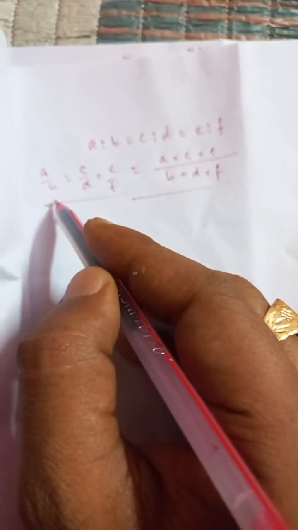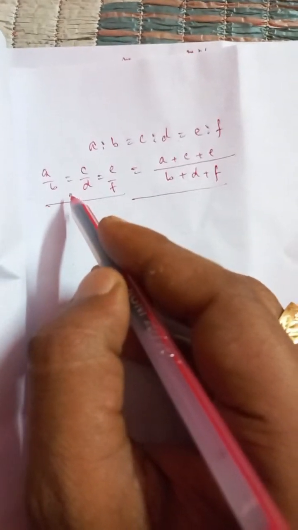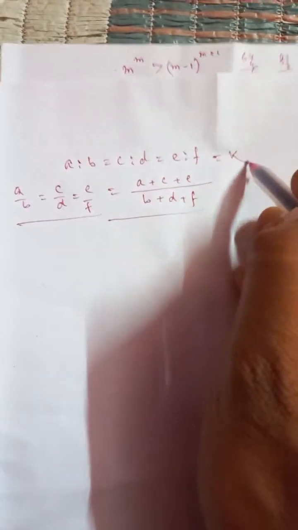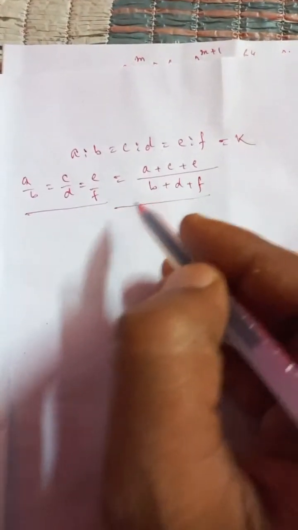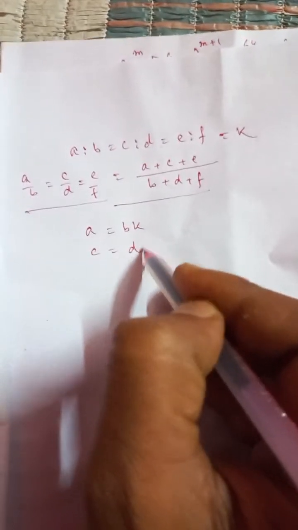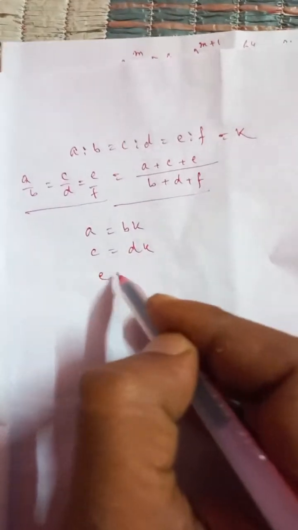So by this procedure, if we take these to be true and that this is true for K, then we have A is equal to BK, C is equal to DK and E is equal to FK.